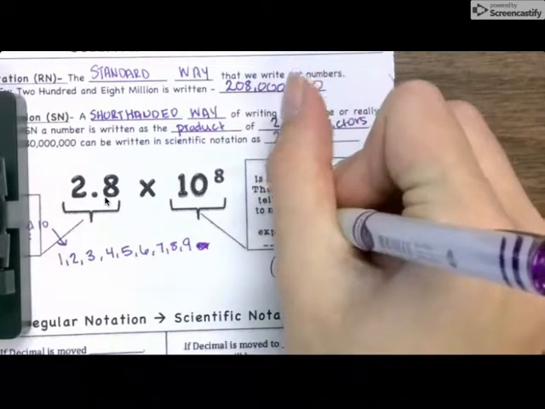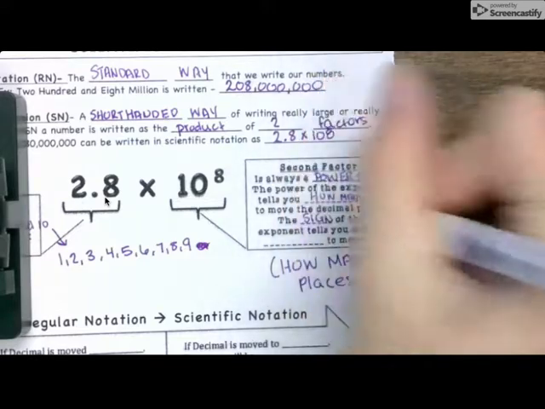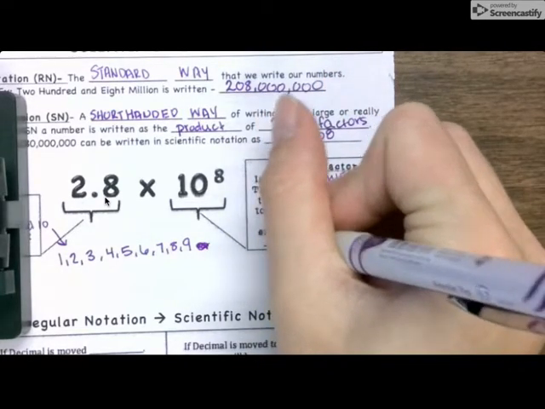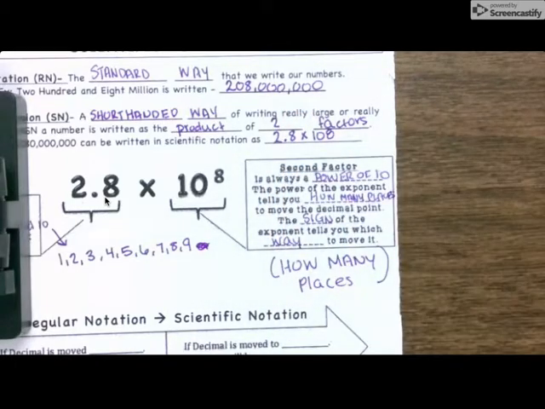The sign of the exponent tells you which way to move the decimal. Okay? So again, that's just a lot of words, but I want to tell you what the different pieces are. That's why we made sure to take time and do that. Okay?